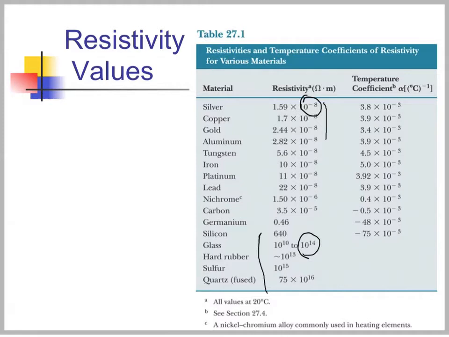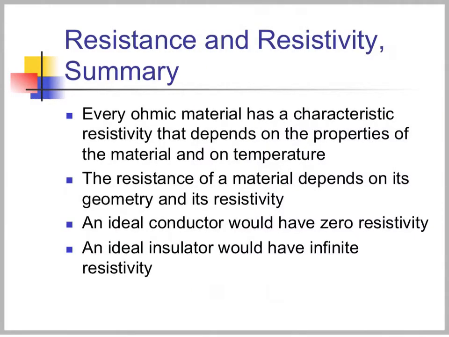Notice that there's 22 orders of magnitude difference on how easy it is to move an electron through silver than it is for glass. Every ohmic material has a characteristic resistivity that depends on the properties of the material and on the temperature of the material. The resistance of the material depends on its geometry and its resistivity. An ideal conductor has 0 resistivity, and an ideal insulator would have infinite resistivity.